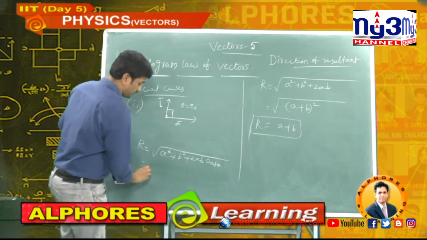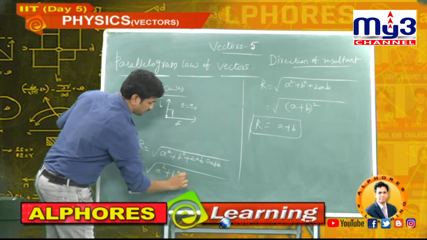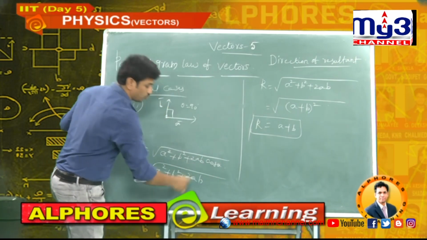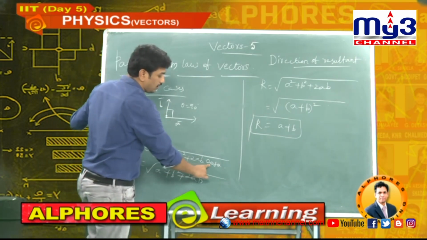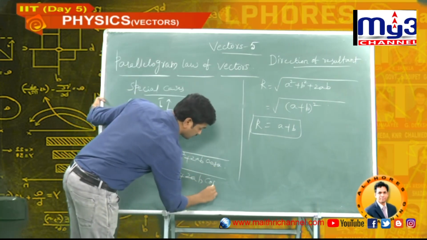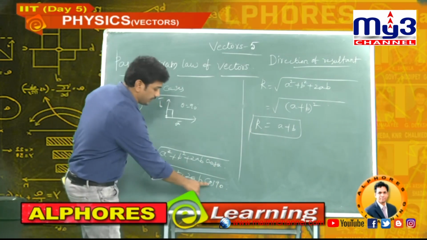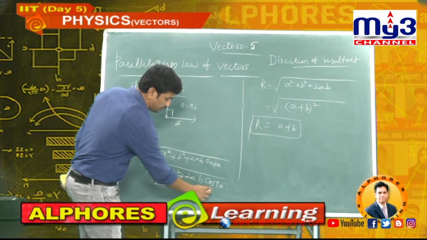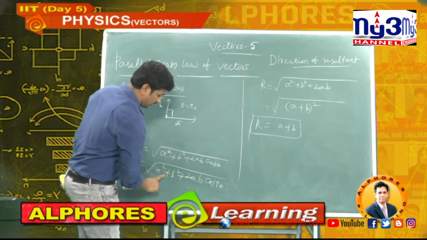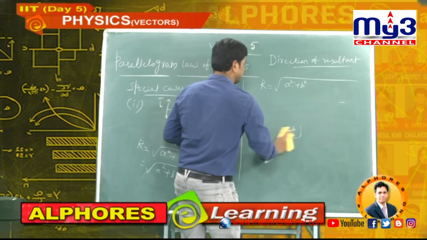Formula same thing, root of A square plus B square plus 2AB cos of angle between A bar and B bar is 90. Cos 90. What is the value of cos 90? Cos 90 value 0. 2AB into 0, 0. This term gone. Now the answer, root of A square plus B square.